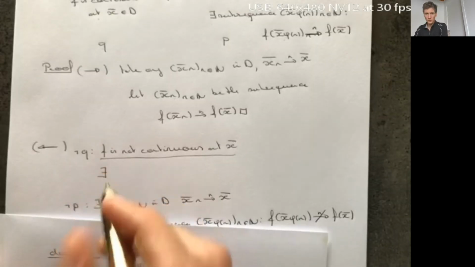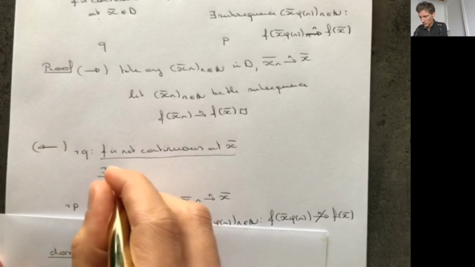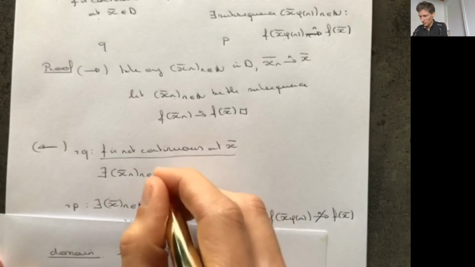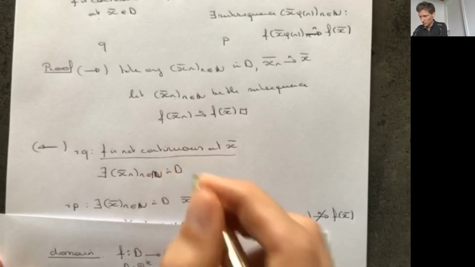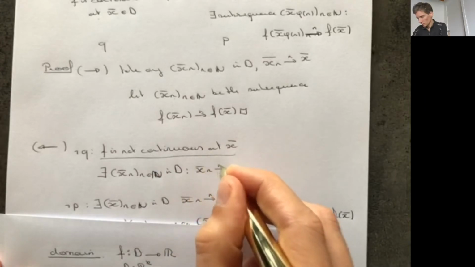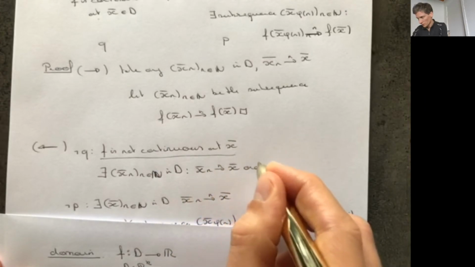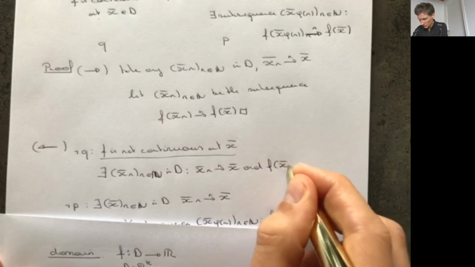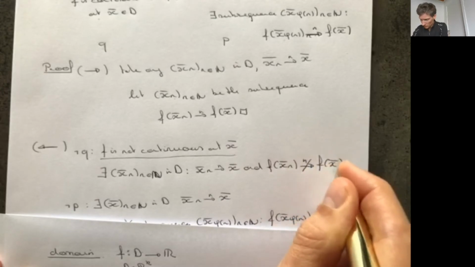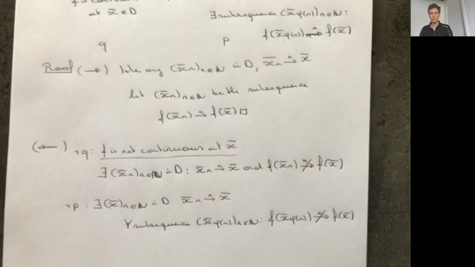We have that there exists a sequence xn in D such that xn converges to x and f of xn does not converge to f of x. So we start from this and then you have to show this.